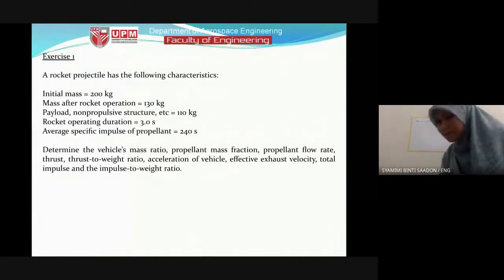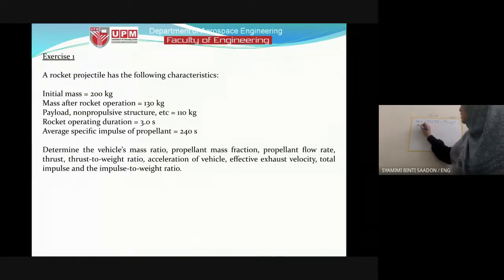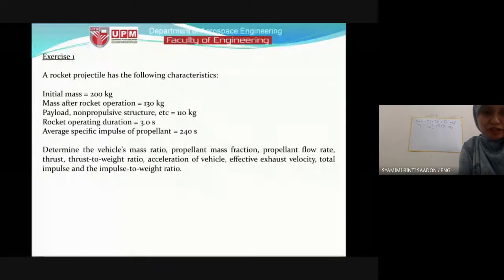So you have 240 times 9.81, around 2,352 meter per second. Two more values.